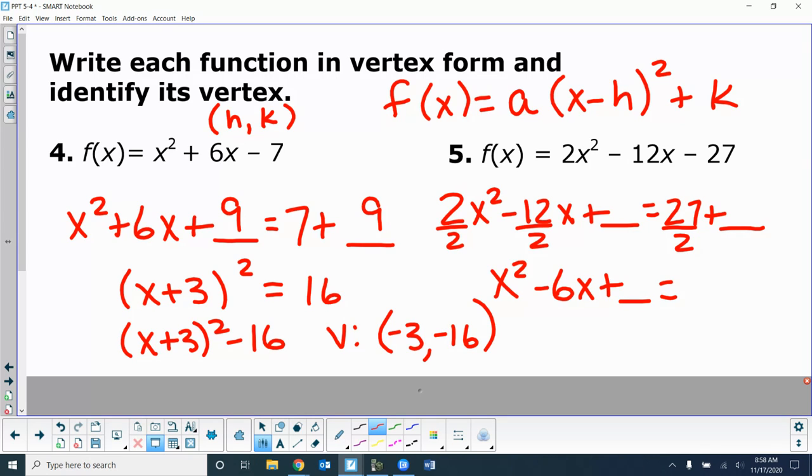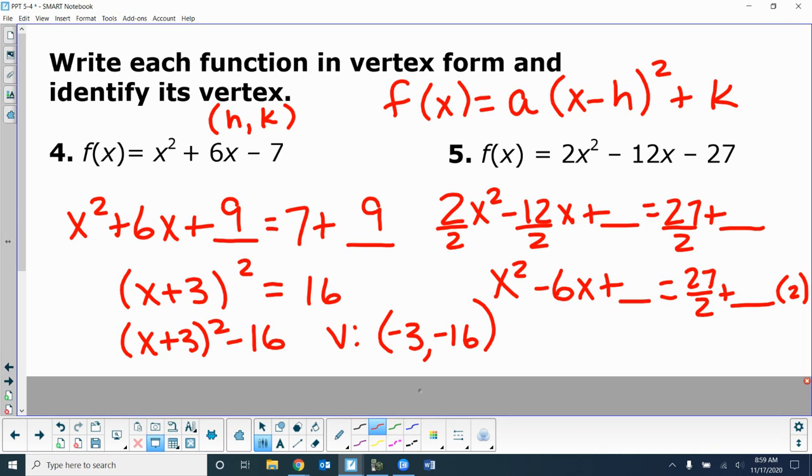We'll just leave it, 27 halves. I'm gonna have to multiply it by 2 when I go back. Okay? That's the tricky part. When I go back to get this part, HK.